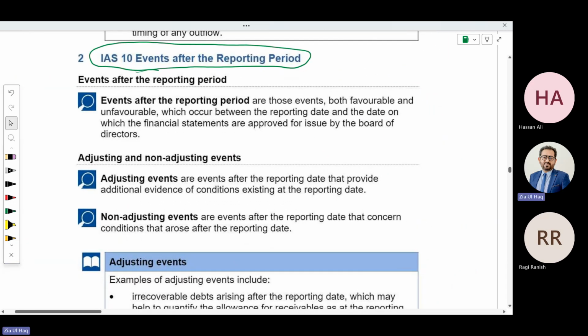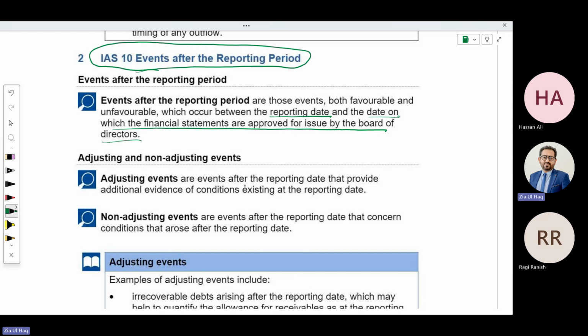So events after the reporting period are those events both favorable and unfavorable. Could be beneficial for the company, could be unfavorable, mean creating cost, loss for the business, which occurs between the reporting date, mean year end date, and the date on which the financial statements are approved for issue by the board of directors.